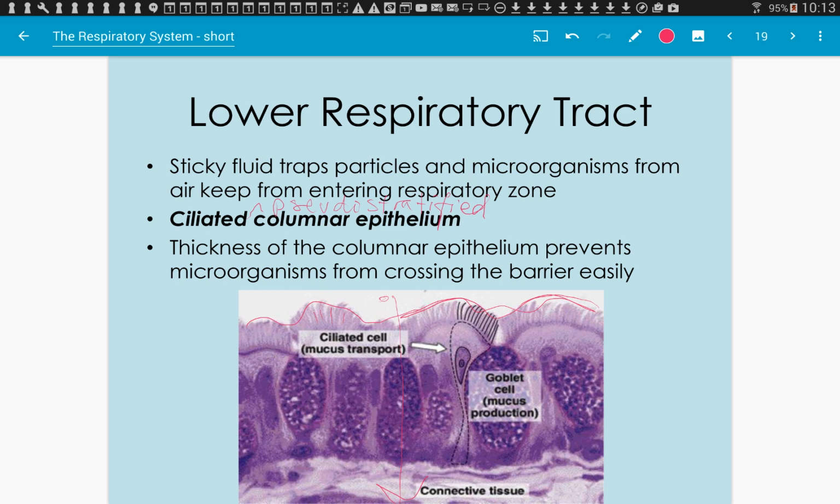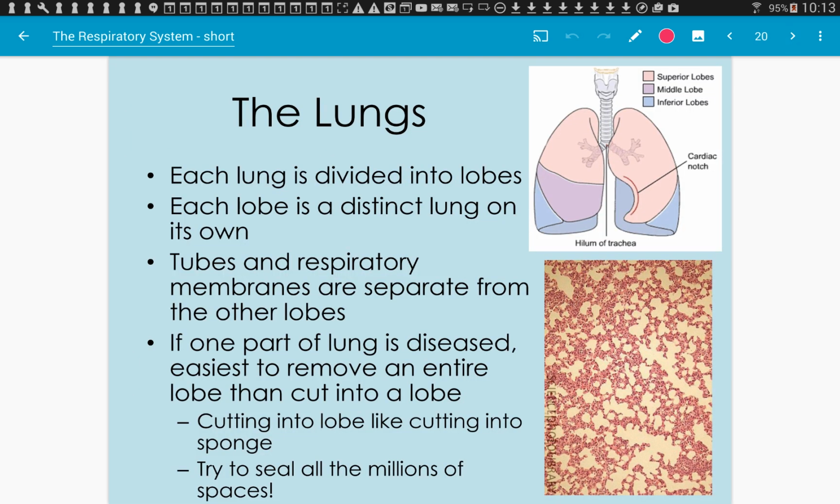Looking at the lungs, you do need to know how many lobes you have on either the right or the left side. Lungs are divided into lobes, and they're not equal. Looking at this picture, first of all, is this the right side or the left side?